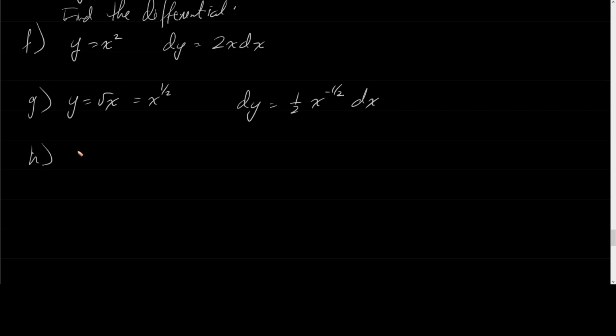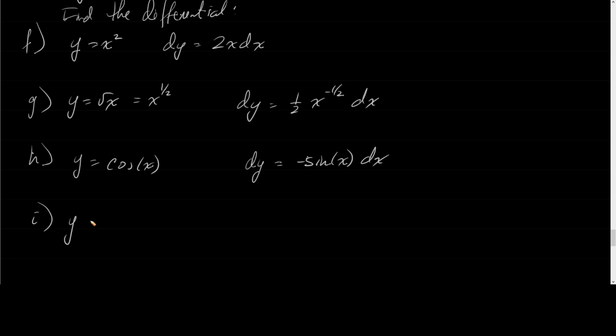If y is equal to cosine of x, then my differential would be the derivative of cosine, which is negative sine, so negative sine of x dx.